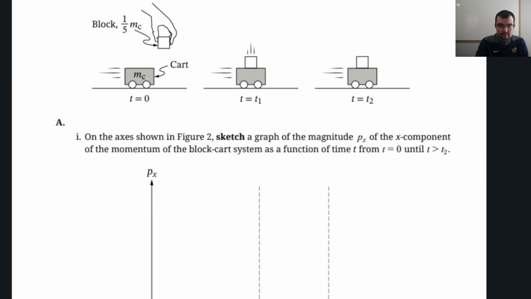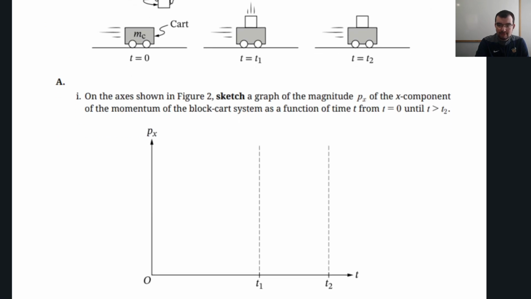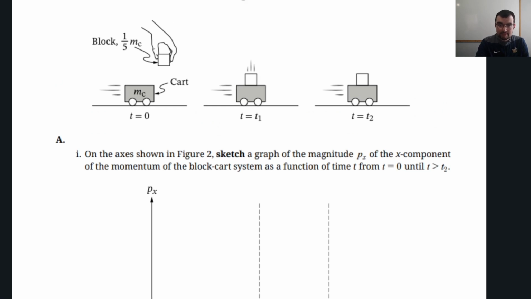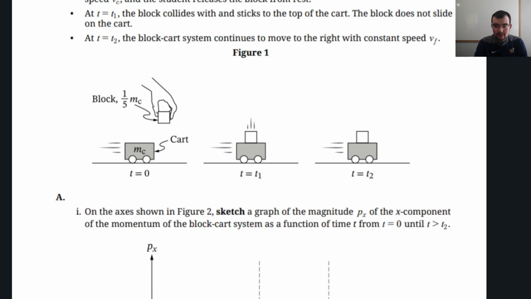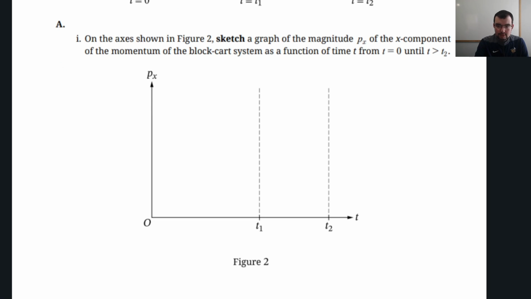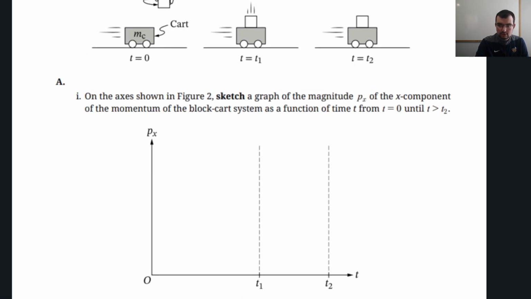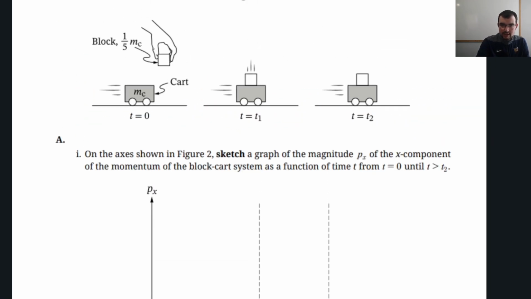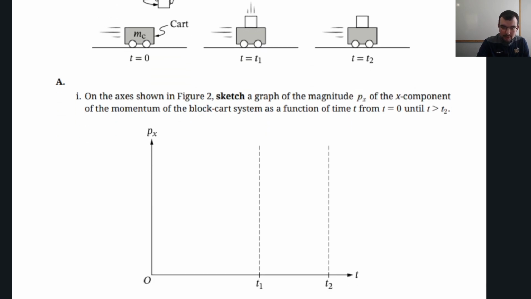So first, we want to sketch a graph of the magnitude of the momentum of the block-cart system as a function of time. So it's important to read what we're graphing here. We're not graphing the speed of the cart, we're graphing momentum. And we know that if there are no external forces, which is true in this case, external to the block-cart system, the sum of the momentum in any given direction, in this case the x direction, must be constant.